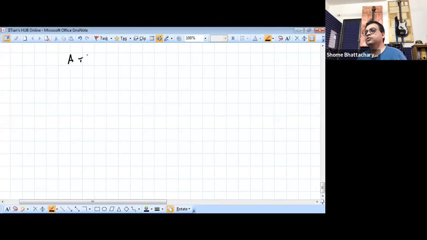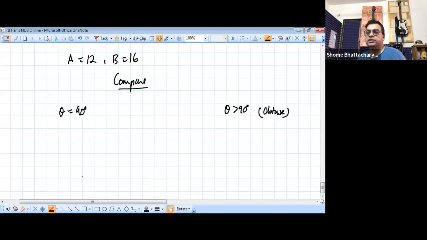So magnitude of A 12 है, magnitude of B 16 है. Now compare two situations. One where theta is exactly equal to 90 degrees, and the other where theta is greater than 90, or it is obtuse. कितना है मुझे नहीं पता, whether it's 120, 150, whatever it is. It's 90 plus something. So in this diagram, how will the vector triangle look like?